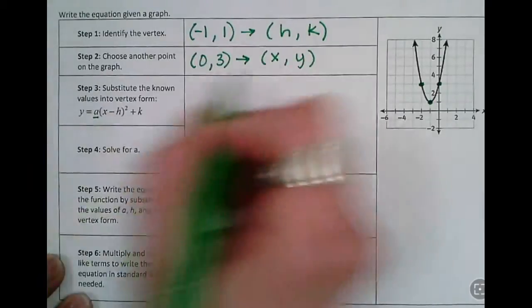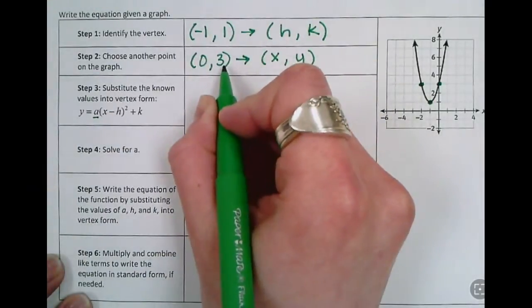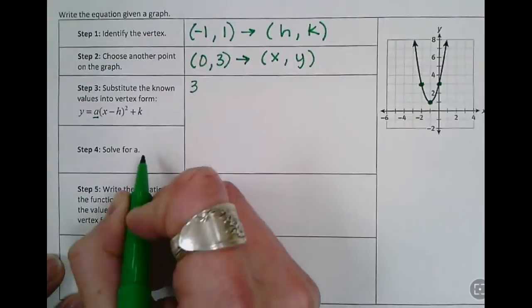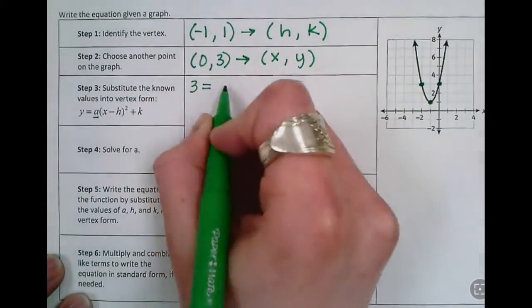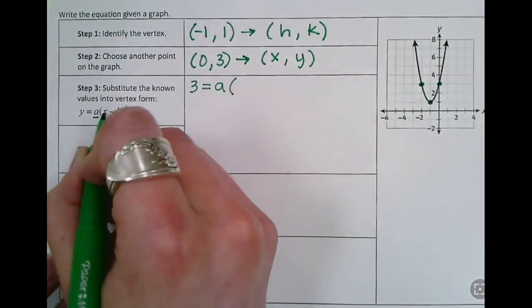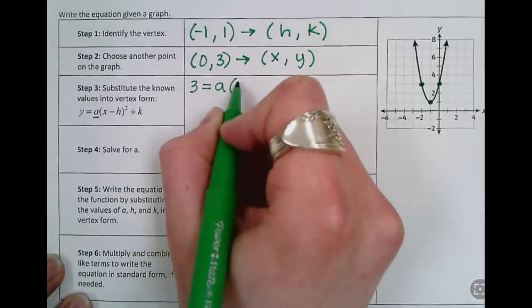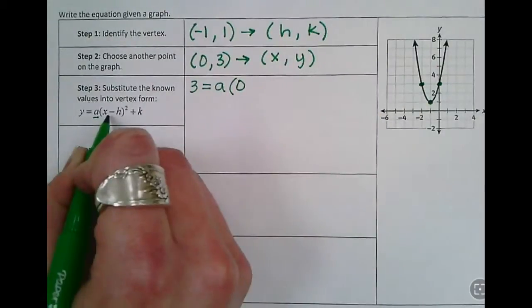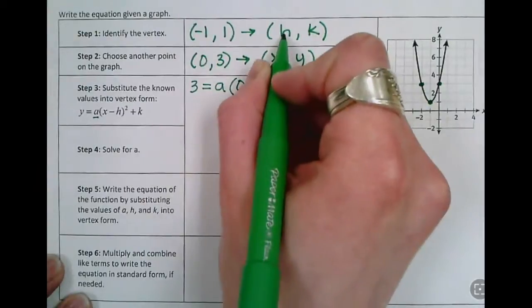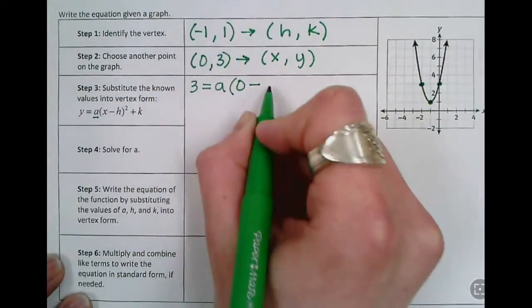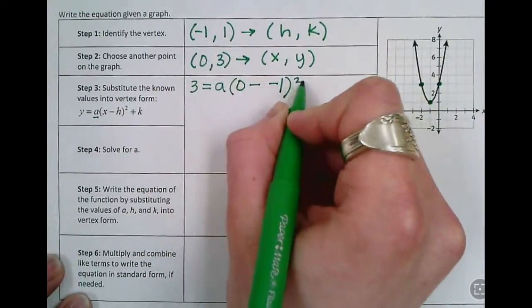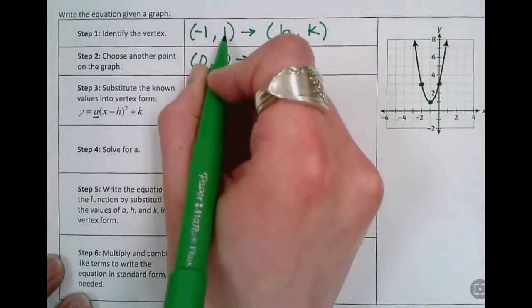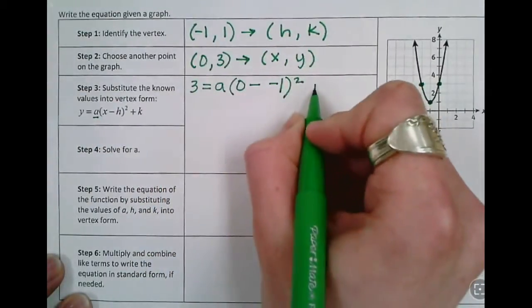My y equals, well, y in the ordered pair that I picked was 3, equals, we don't know a yet. X in the ordered pair that I picked was 0, minus h, so minus my h value, which is -1, squared plus k. K in this one is +1.